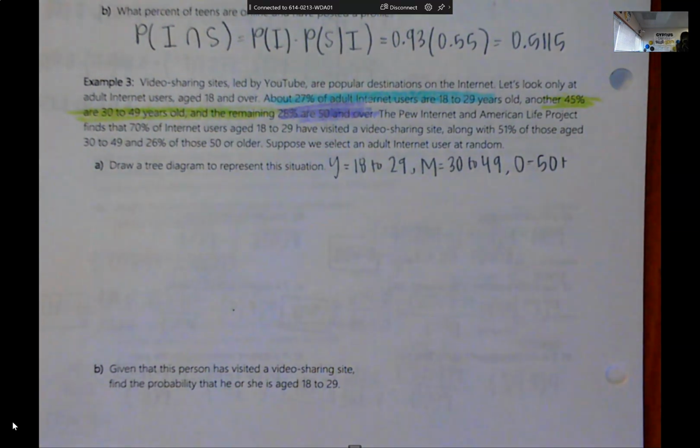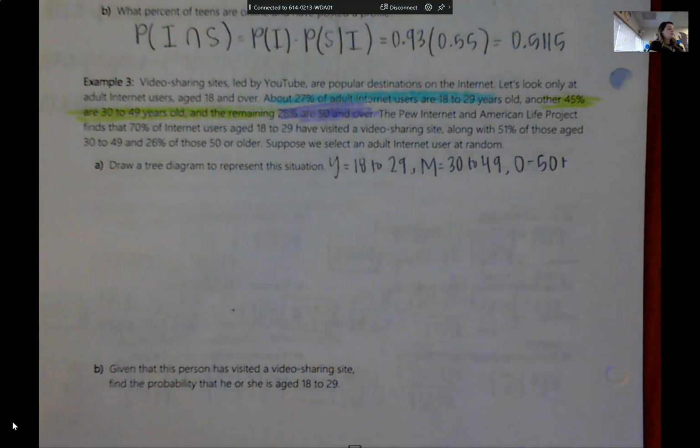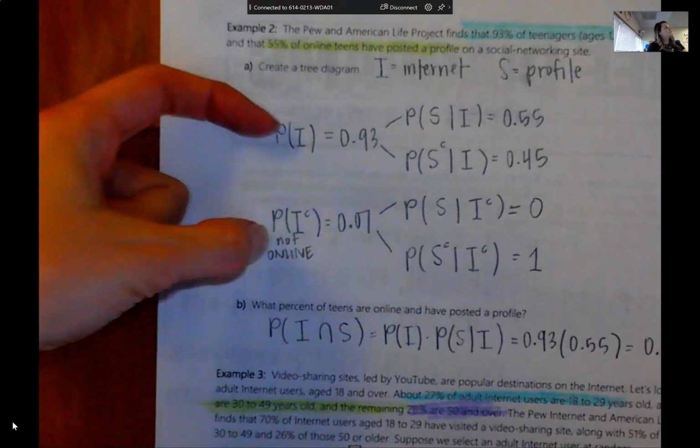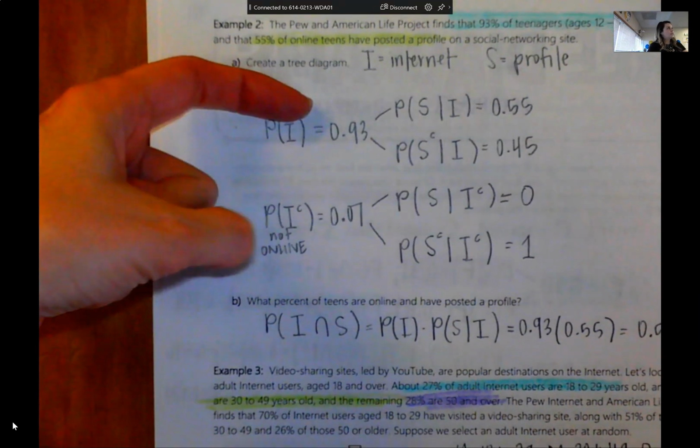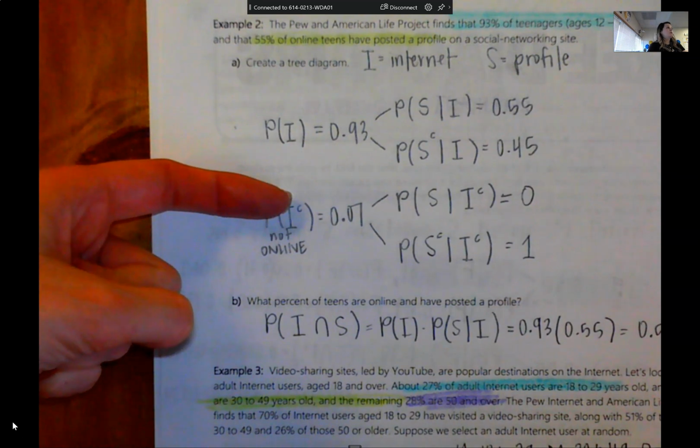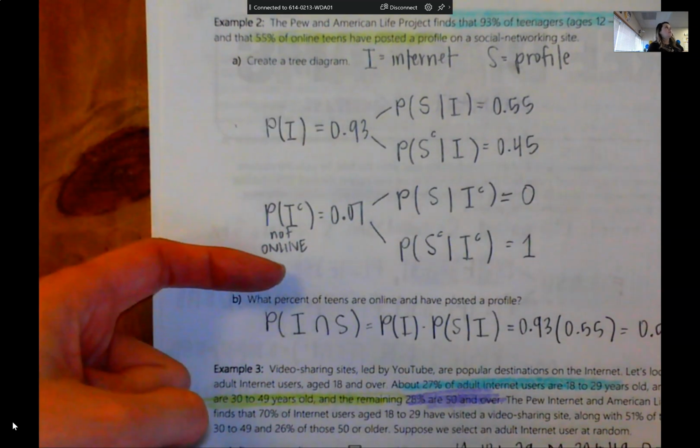So in this case, I'm not using complements because they've broken it down into 3 different categories. So they're not saying aged 18 to 35 and 35 and older. They've given us 3. So that's the only reason why we're not doing 18 to 29 and 18 to 29 complement, because there's 3 different situations.